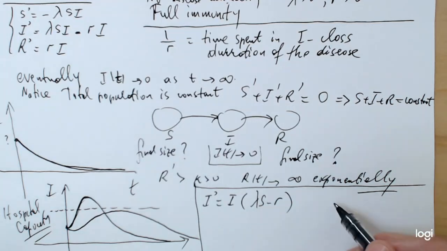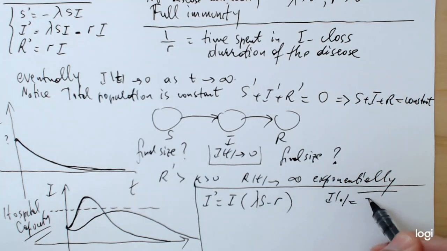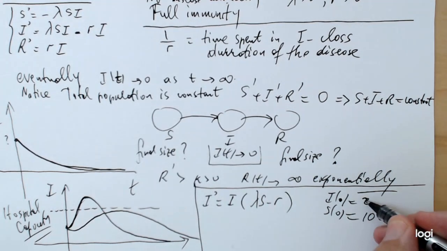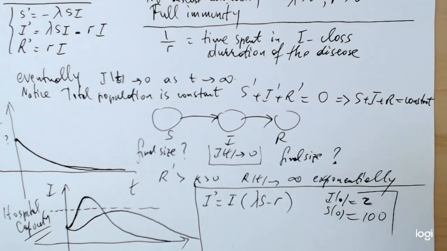Let's say I start the epidemic with 2 individuals infected in an otherwise healthy population. Let's say we have 100 susceptibles. You drop 2 extra infected, and no recovered initially. So that means we have 102 people, and there will be 102 people from the beginning to the end.